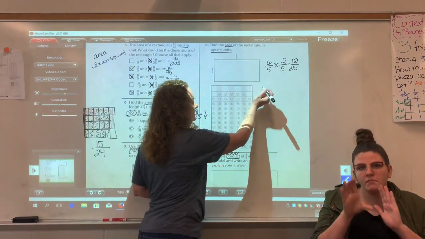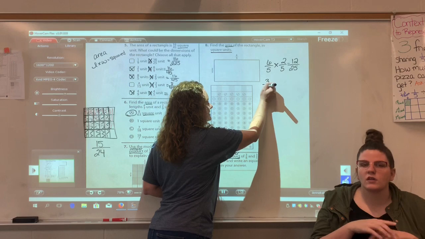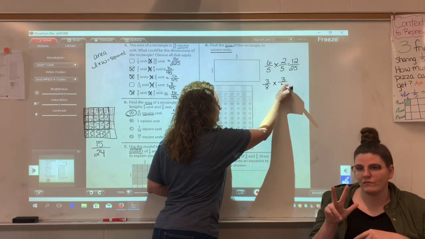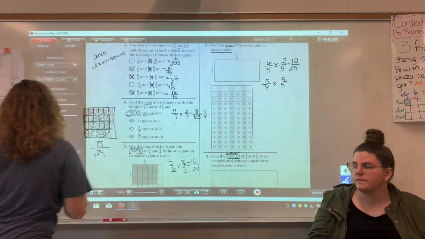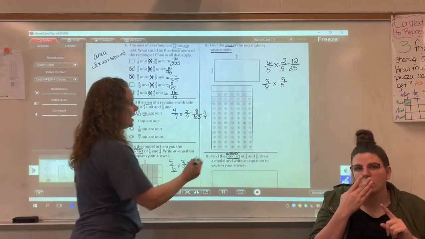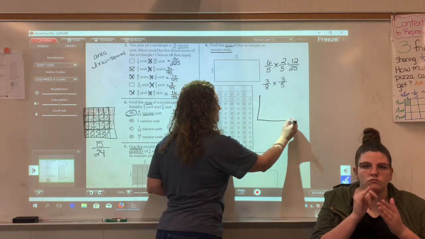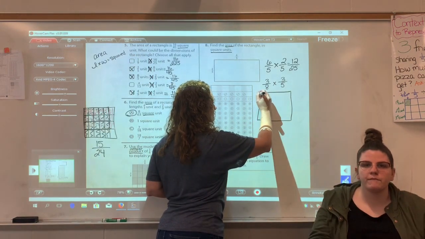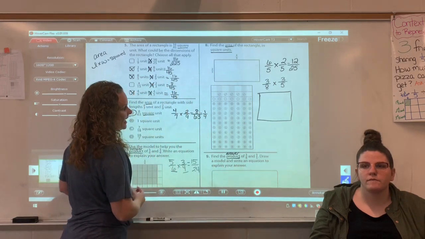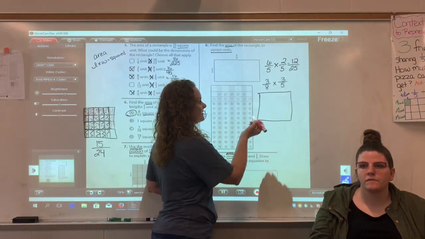So I'm going to do that one up here. I have 3/8 multiplied by 3/5. Okay. This time I'll go ahead and use the 2 different colors. I'm going to draw my model out first as a square. And for the fun of it, I'm going to go into rows instead of columns first.